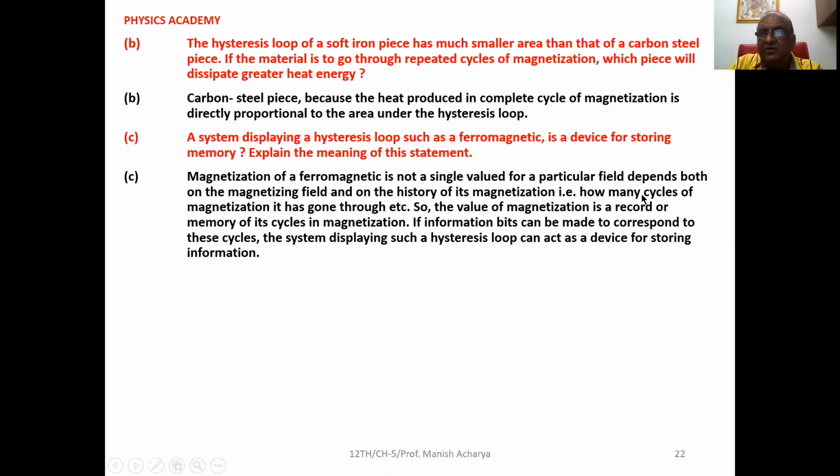It implies how many cycles of magnetization it has gone through. So the value of magnetization is a record or memory of its cycles of magnetization. If information bits can be made to correspond to these particular cycles, the system displaying such a hysteresis loop can act as a device for storing information.